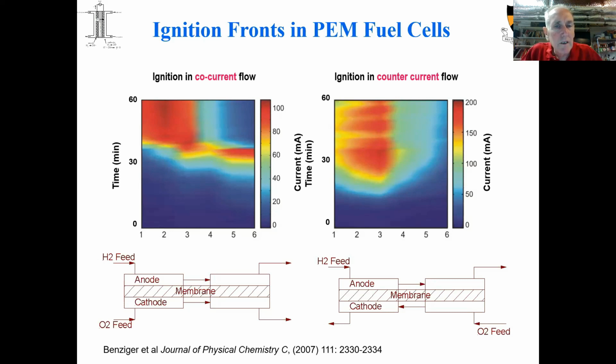And then because water can diffuse in the membrane from the outlet towards the inlet, the ignition front moves from the outlet to the inlet. If we put the flows going counter current, then we get ignition at the center of the fuel cell, and then it spreads out or fans out over time.